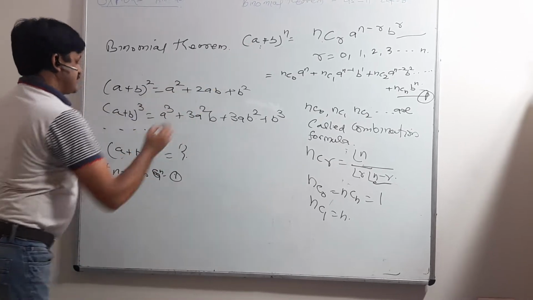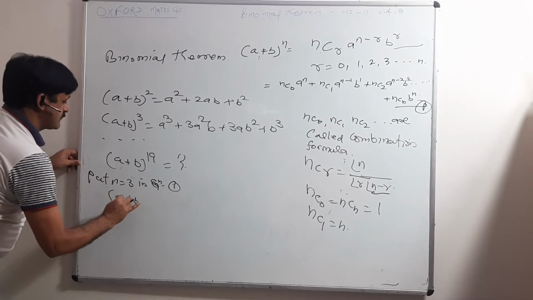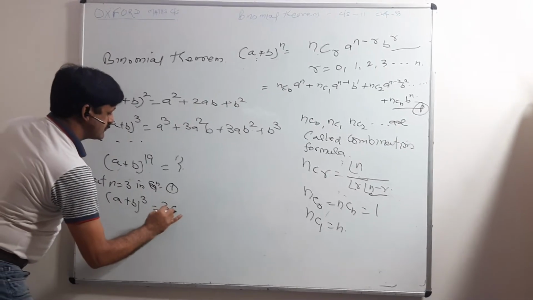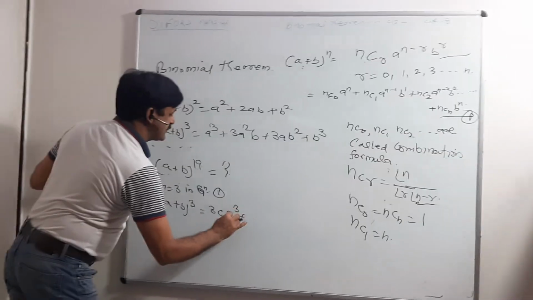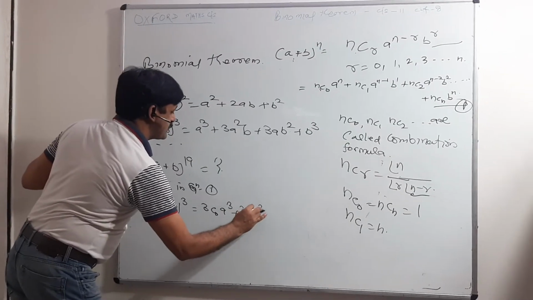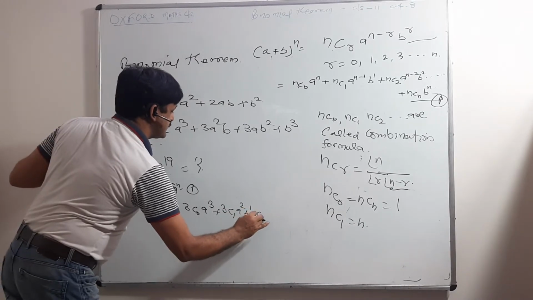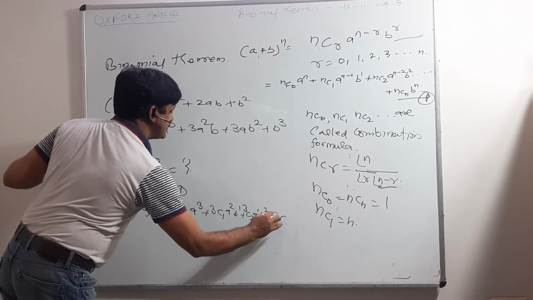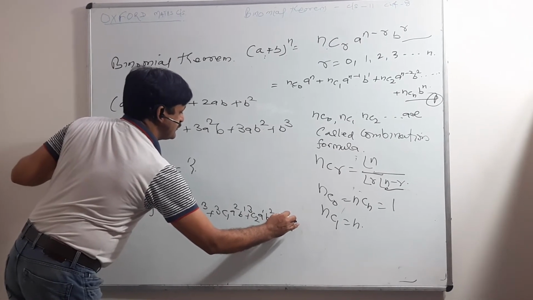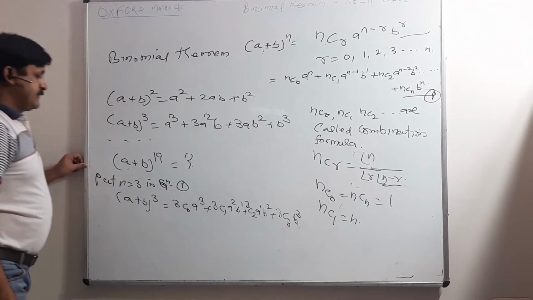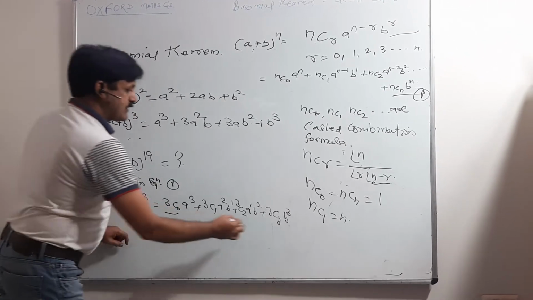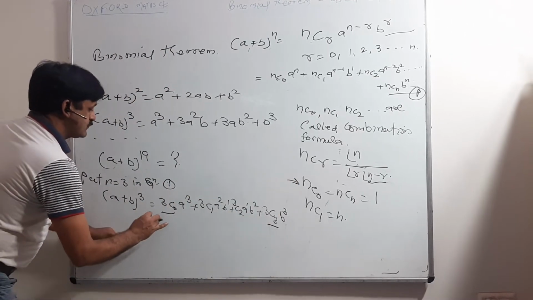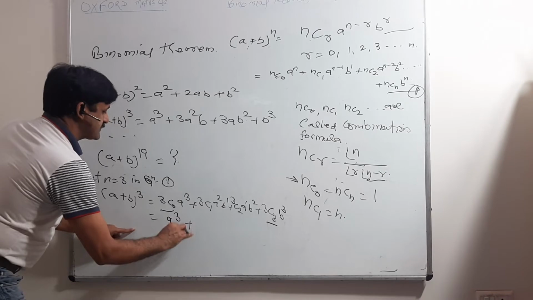That is (a plus b) whole power 3 is equal to 3C0 a to the power 3 plus 3C1 a to the power 2 b to the power 1 plus 3C2 a to the power 1 b to the power 2 plus 3C3 a to the power 0 b to the power 3, and 3C0 and 3C3 are equal to 1.